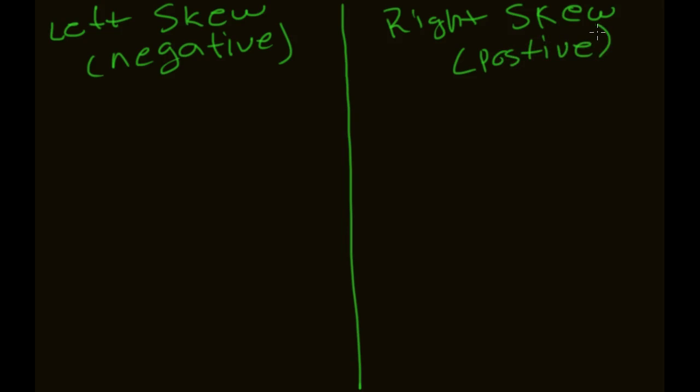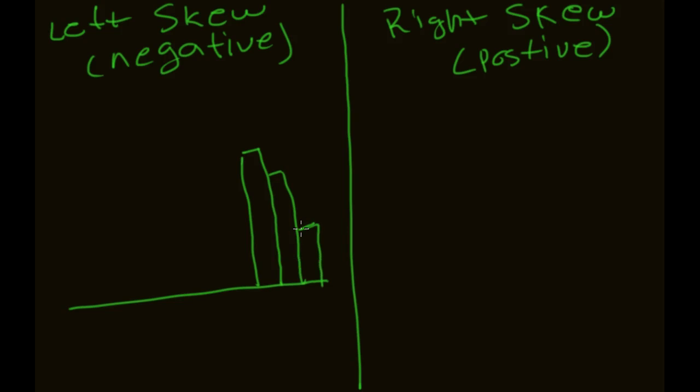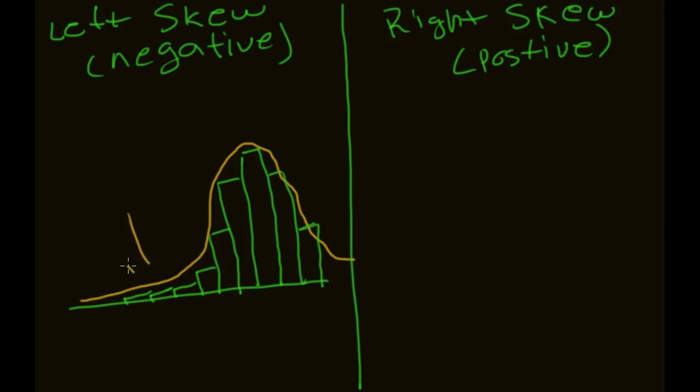Okay, so when you have a left skew, the histogram looks like this. The high point is actually off to the right, which is a little counterintuitive, and then it makes its way down. If you follow out the curve here, it has a bell shape still, but it has a long tail to the left.